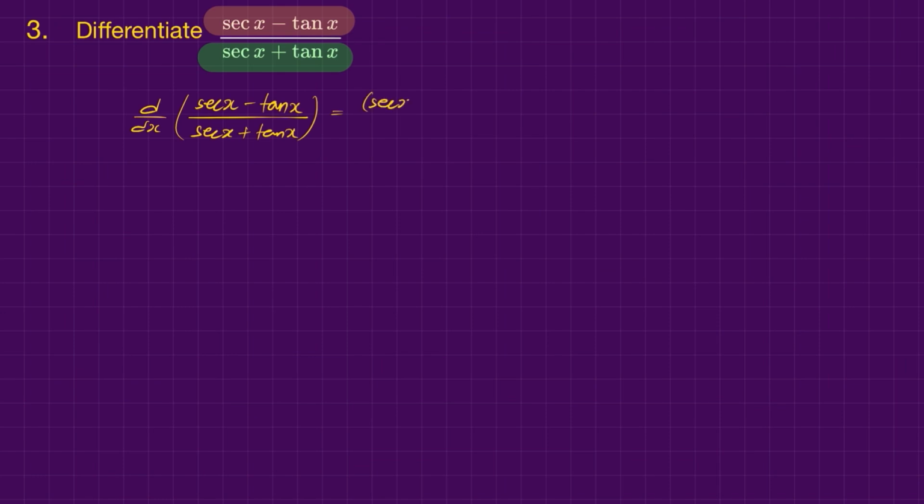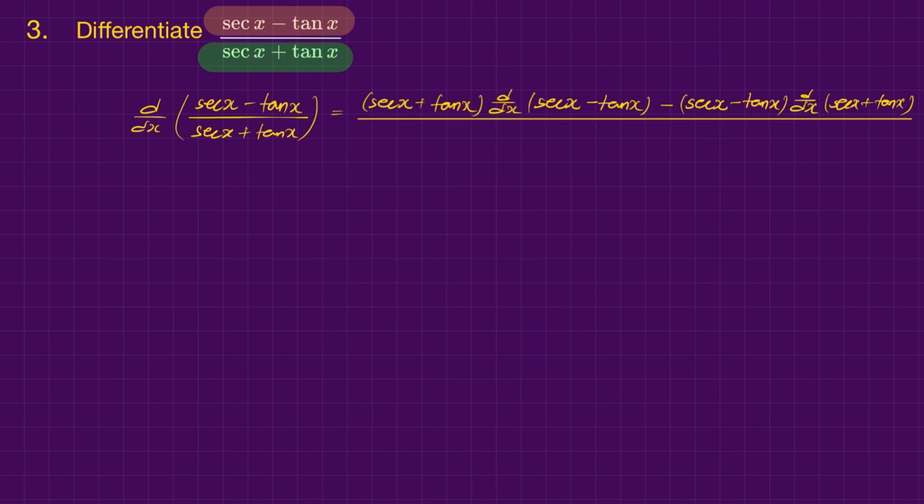It is sec x plus tan x. Then differentiate the numerator, that is sec x minus tan x, minus the numerator first, sec x minus tan x. Then differentiate the denominator, that is sec x plus tan x, whole divided by sec x plus tan x whole square.